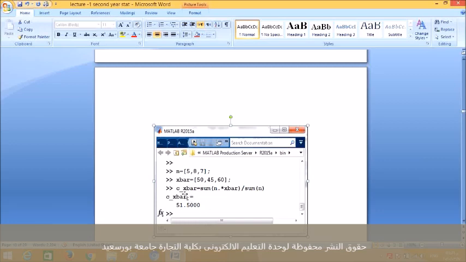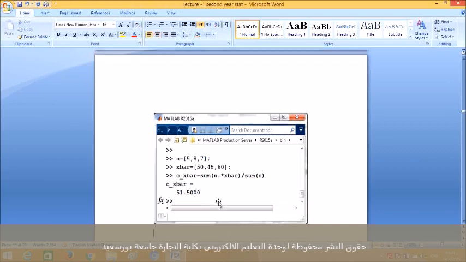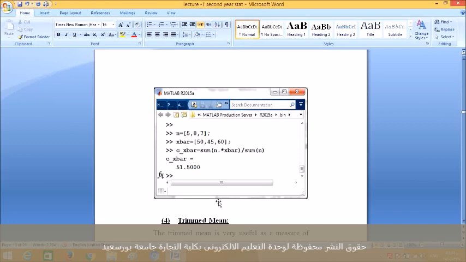So combined mean equals the sum of n multiplied by x bar divided by the sum of n. X bar equals 51.5, right? Okay, so the combined mean looks like the weighted mean.